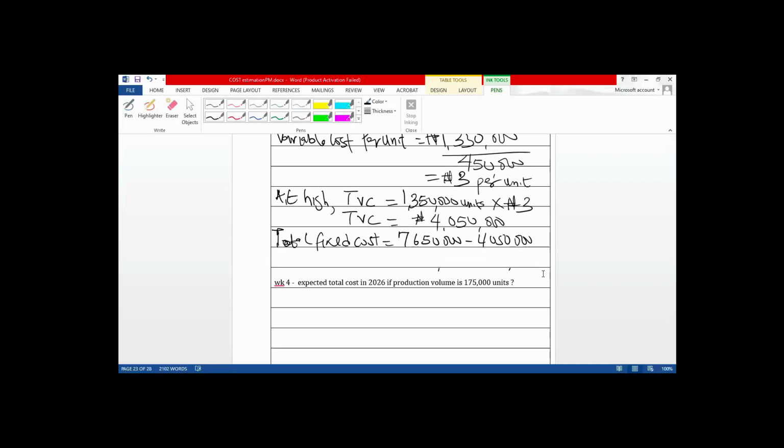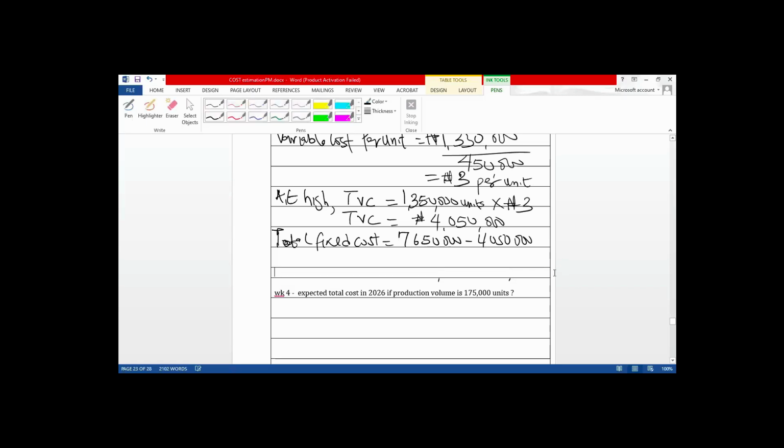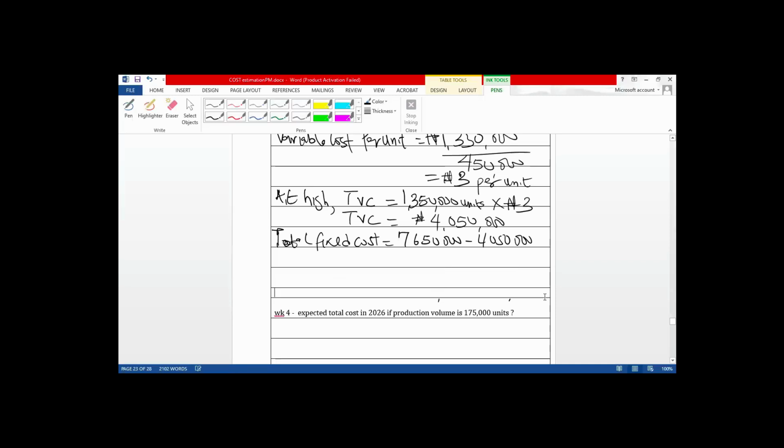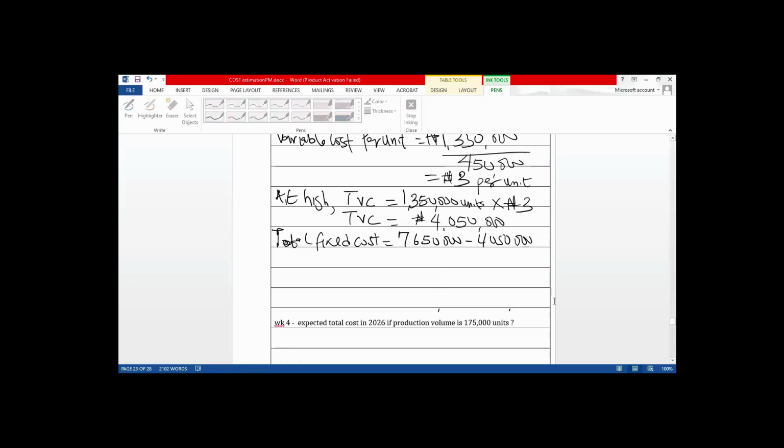If you like, you can check at low level. Total fixed cost must be the same. Our total fixed cost is 3,600,000. Is that not so, sir?